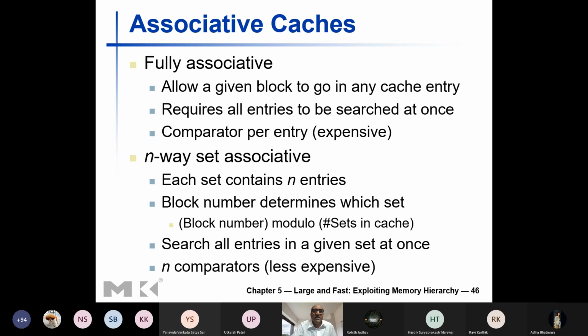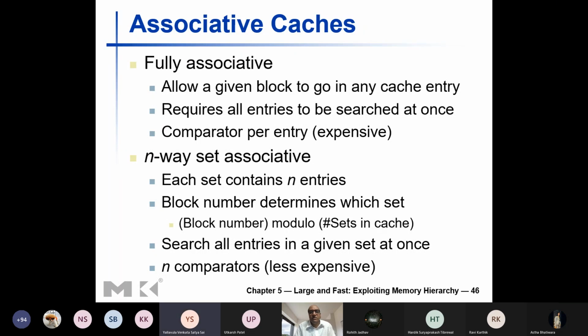And in that, if you organize the cache in an effective way, like with the direct mapped cache, we have seen that every memory location in the main memory is mapped to a particular entry in the cache, right? Since the main memory is much larger compared to the cache, multiple entries in the main memory will compete for a single unique location.